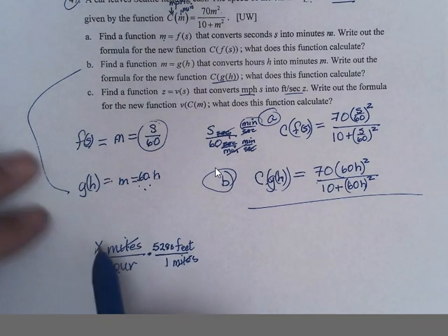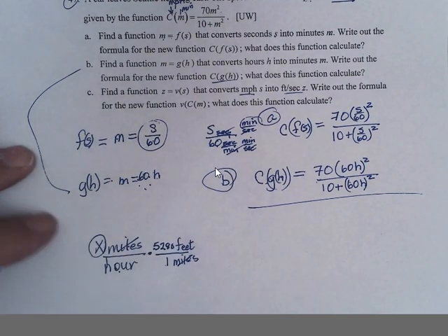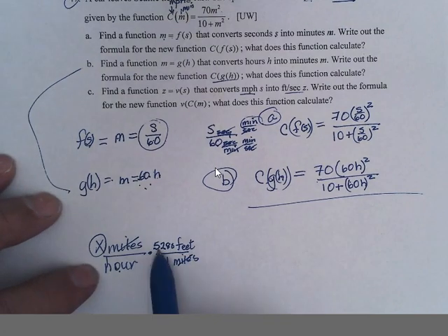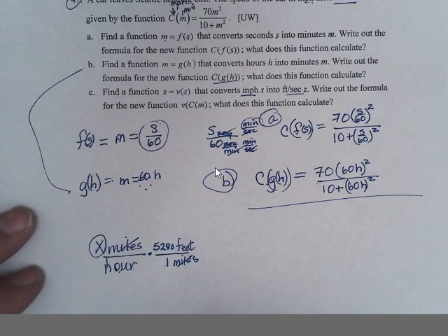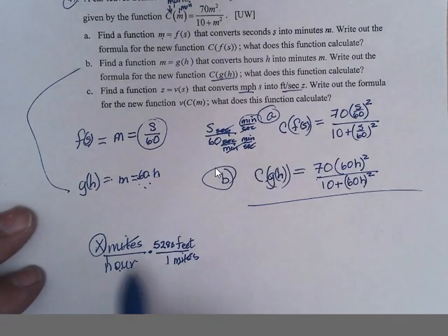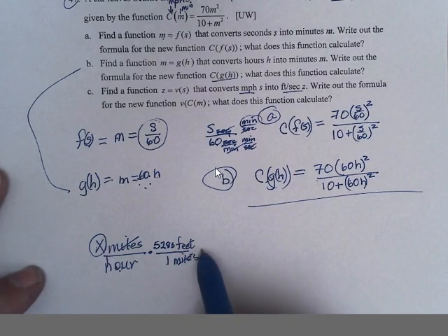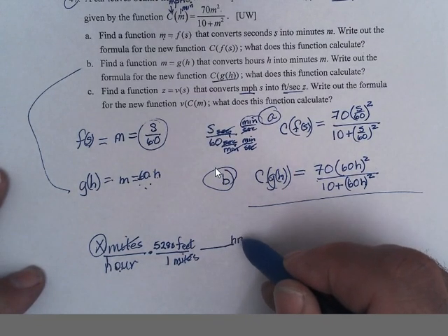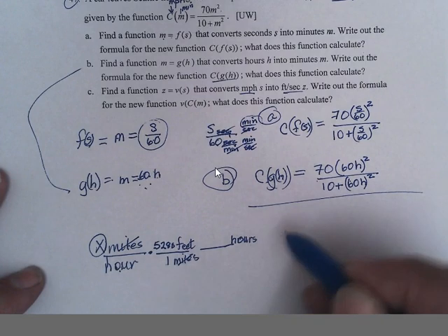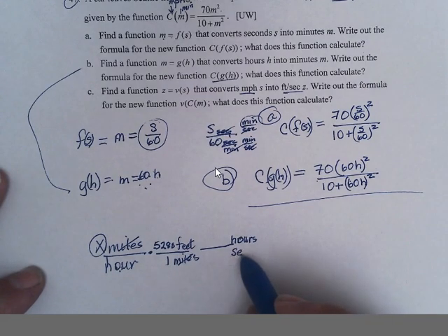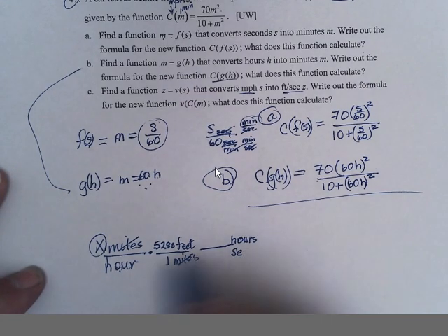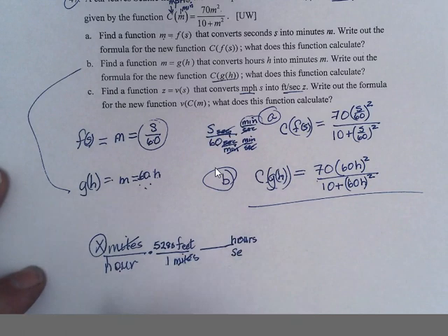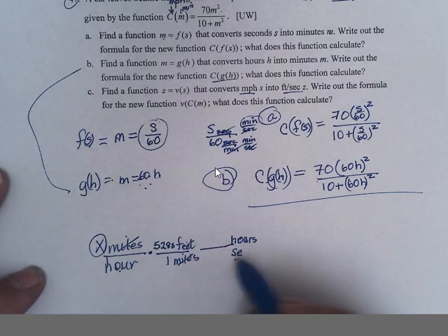So, taking the number we have, miles per hour, times 5,280 converts it to feet per hour, but we want feet per second, so we have to get rid of the hour. So we have to multiply by another 1, which has hours in the numerator, and seconds in the denominator, because we want the hours to cancel and the seconds to show up in the bottom, so we have feet per second.